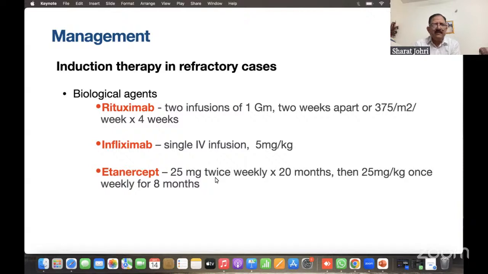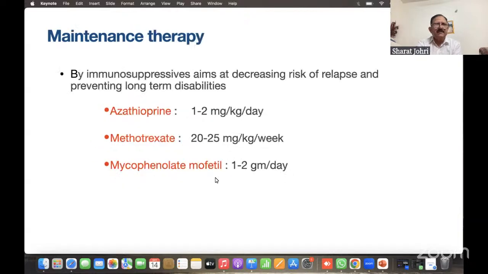They can be given for 4 weeks, or sometimes etanercept can be given once weekly for up to 8 months. So if the patient does not respond to steroid, in refractory cases we can use these biological agents. Once remission is achieved, we have to do maintenance therapy.